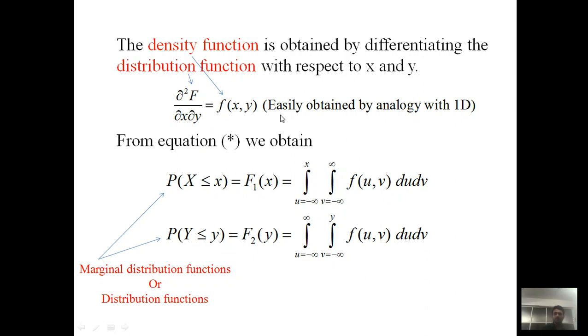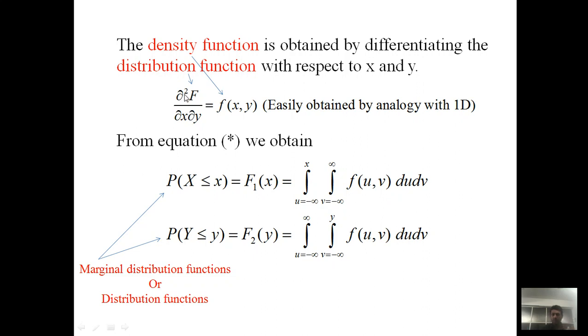As we have seen in the one dimensional case, there is only one variable, so this is transformed to f of x, and there is just del F by del x. But when we talk about only one dimension, there is no need for partial derivatives, so del F by del x is simply replaced by dF by dx.